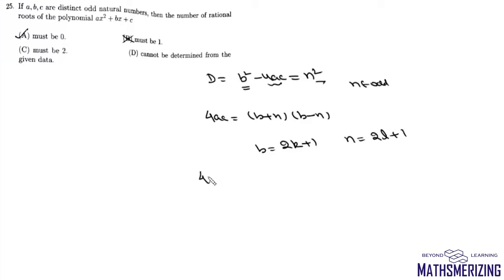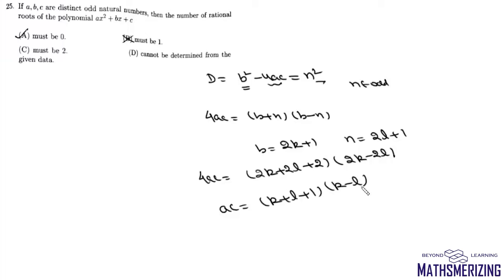Then we can write 4ac, and then b plus n will be 2k plus 2l plus 2 and b minus n will be 2k minus 2l. Now here 4 will cancel, then we'll get ac as k plus l plus 1 and then k minus l.